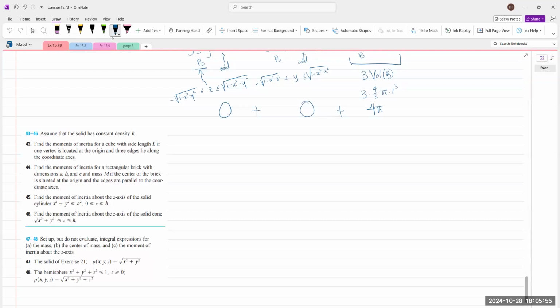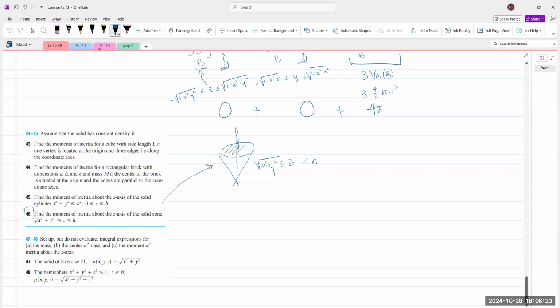Number 46. Find the moment of inertia about the z-axis of a solid cone. Z is between the square root of x squared plus y squared up to h.